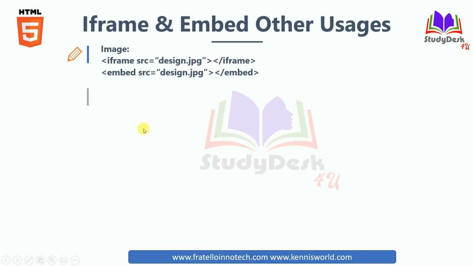Here we are using iframe and embed tags to display an image. As usual, it has an extension. Here I have the .jpg extension and the file name is design. That image file name with extension we need to mention in the src attribute for both iframe and embed. So we can also use these iframe and embed tags instead of the image tag.